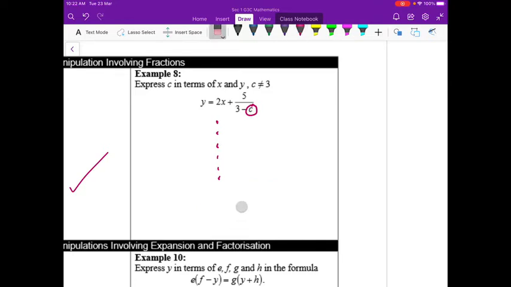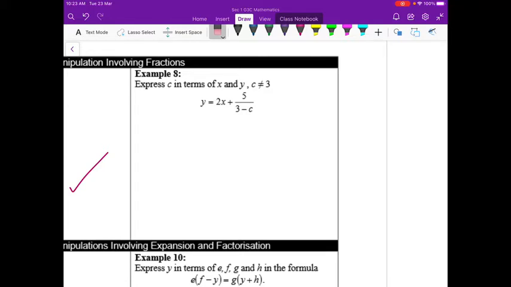Okay. So how do we go about doing that? Well, c belongs in the denominator, which is part of a fraction, which is added to a 2x. And all these equal to y. So I want to remove everything, leaving me only with the c. So the first thing that I can remove will be the 2x.